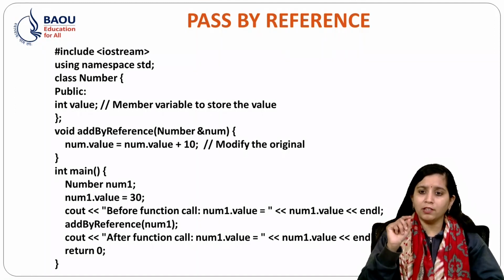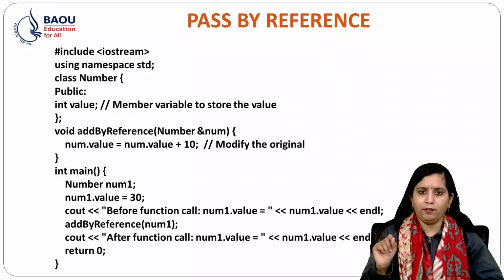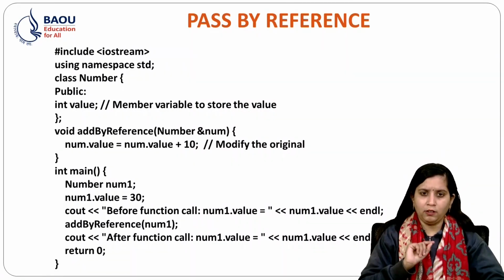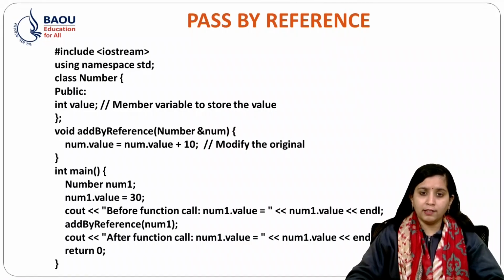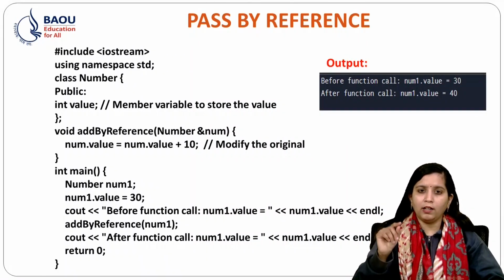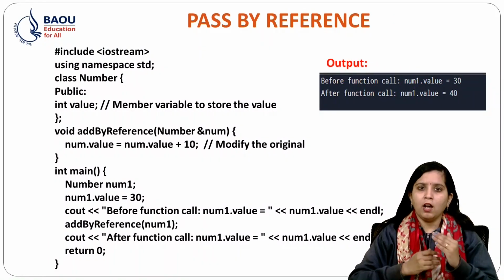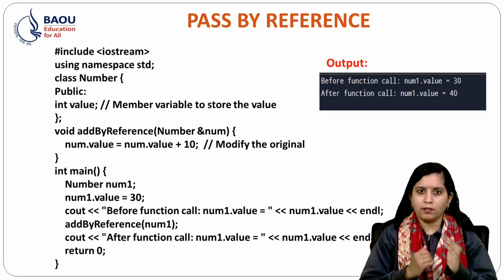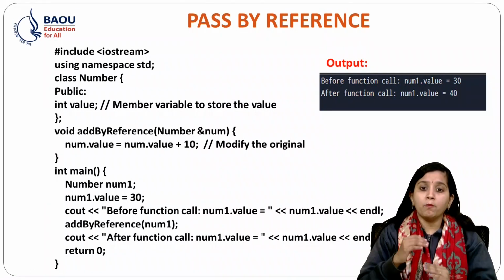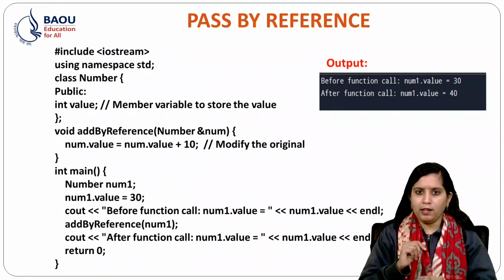So & is an operator, and why &? Because & is a referencing operator, as we saw in our pointer and reference topic. Let's see the difference between this 30 and 40.